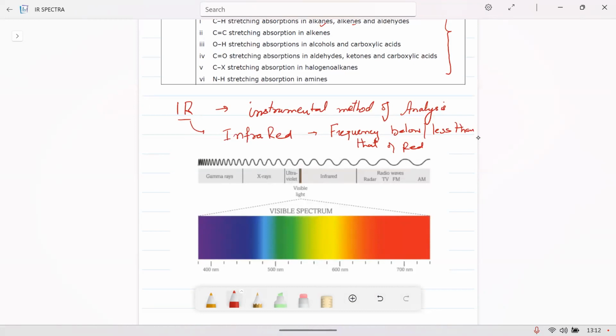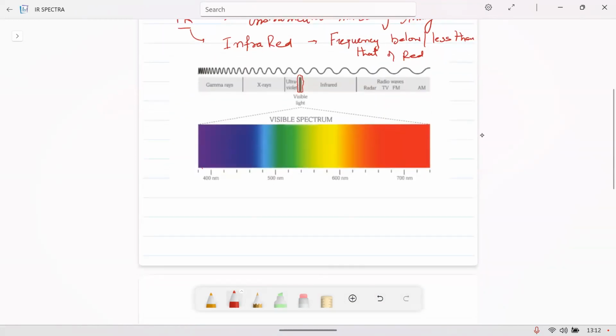So if you look over here, this portion is a visible region, which has been expanded in this case. Over here, you are talking about the radiations which are your infrared. So they have a frequency less than the red frequency.